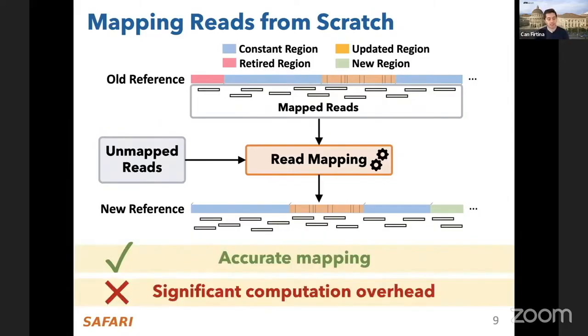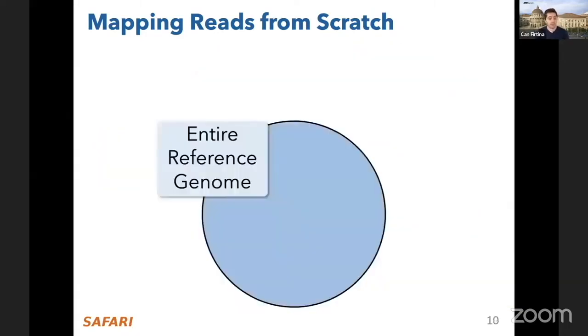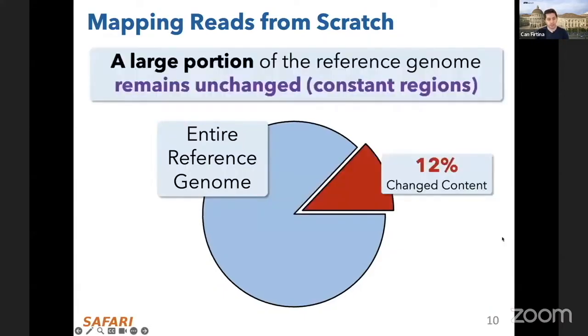However, this causes a significant computation overhead, and this is why. You can assume that this is the entire reference genome. When we're updating the reference genomes and moving from the old to the new reference genome, we see that usually only 12% of the new reference genome is different from the old reference genome.